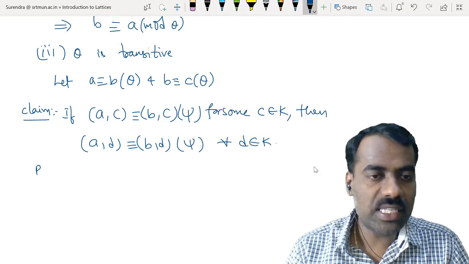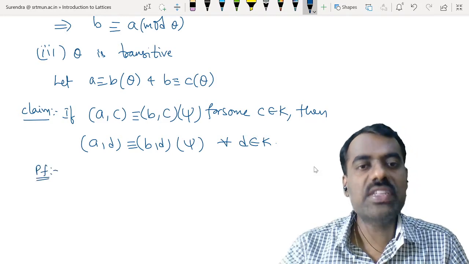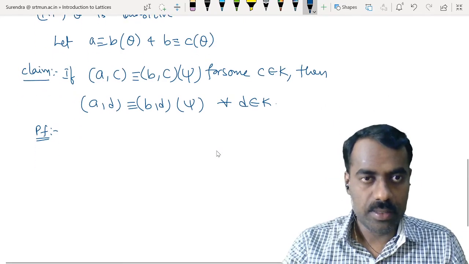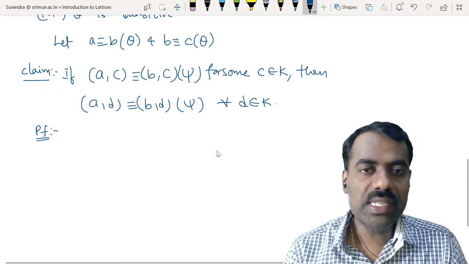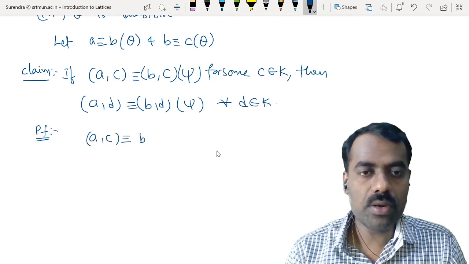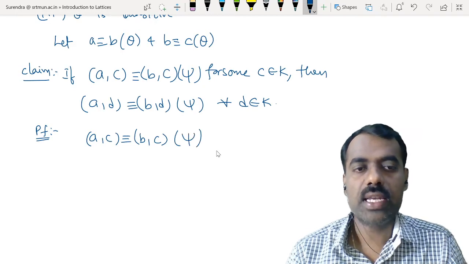So how will we prove this claim first? We require it in proving transitivity and later also; this is more important. A comma C is given to be congruent to B comma C modulo psi, right?